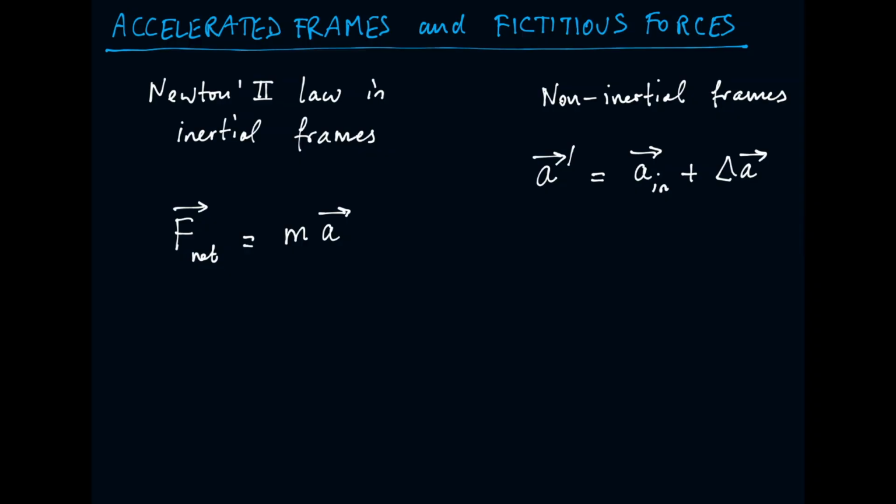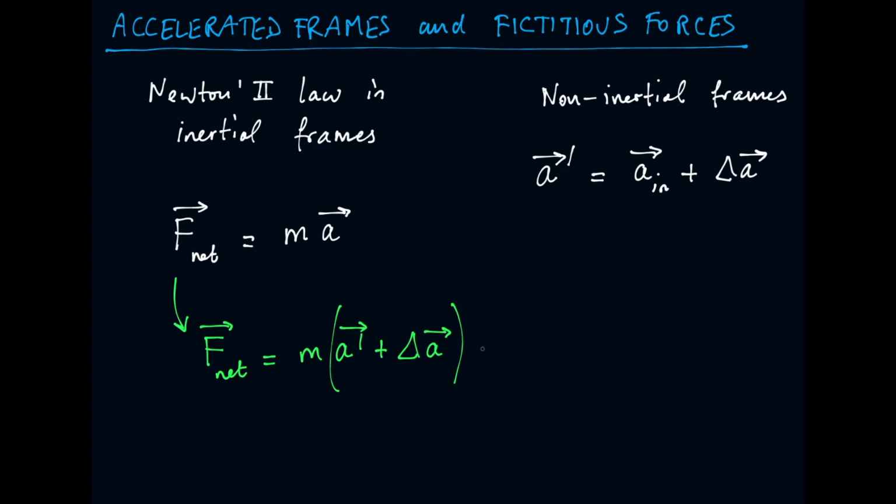And so if we rewrite Newton's second law in terms of A prime, the acceleration in the non-inertial frame, we would see that the net force is equal to m times A prime plus this delta A that we have in addition to that.